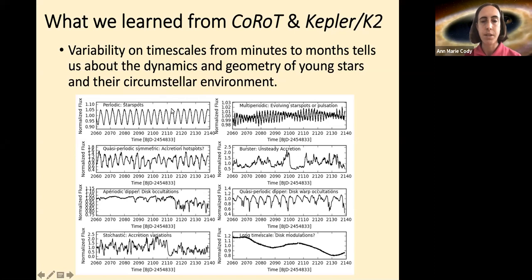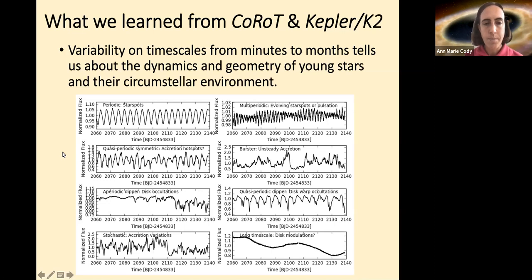So you tend to get roughly sinusoidal patterns from star spots. If you have multiple star spots that are potentially evolving or at different stellar latitudes, or if the star itself is pulsating, you may get multiple periods.